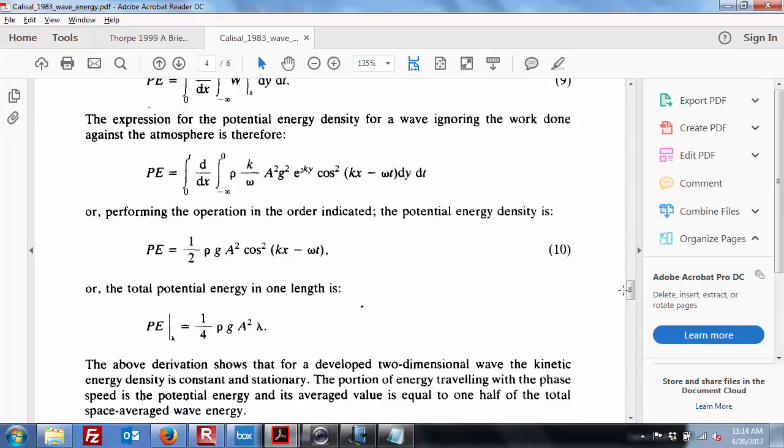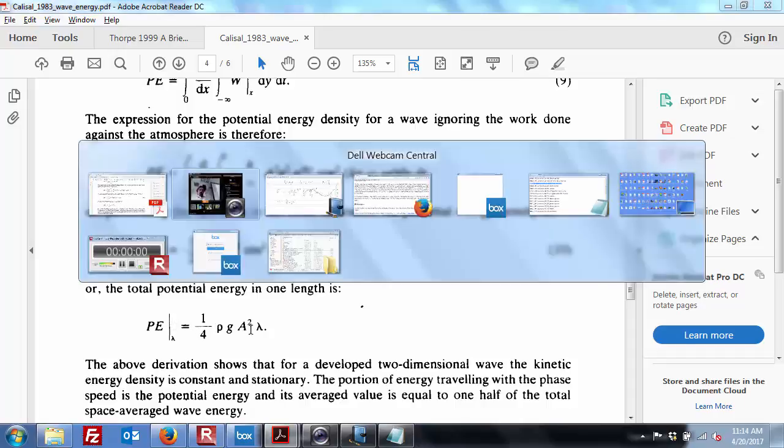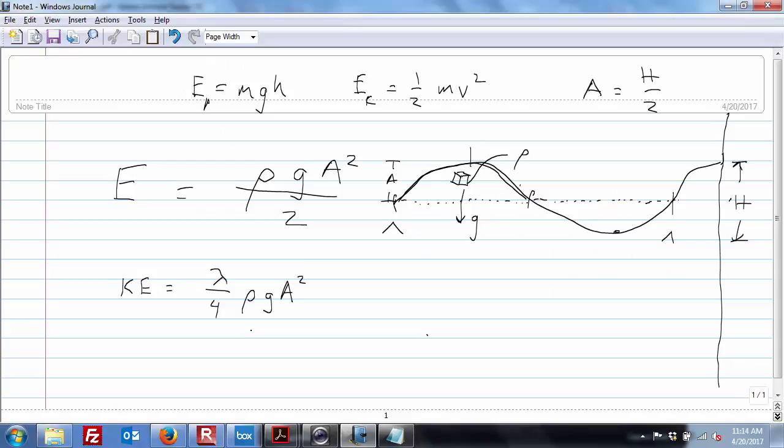It's almost the same. It actually is the same, it just writes in a different form. So the potential energy is 1/4 rho g a squared lambda. I'll just go ahead and write that down as well. So the potential energy equals 1/4 rho g a squared lambda.